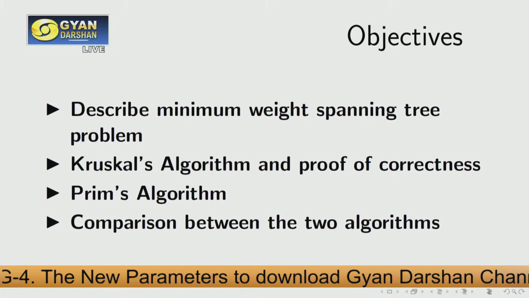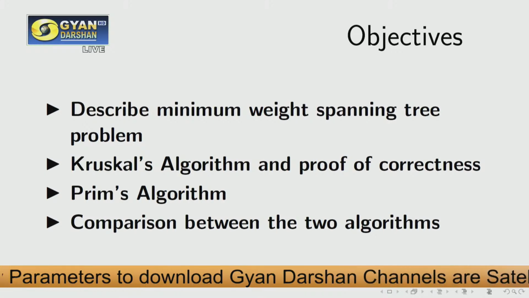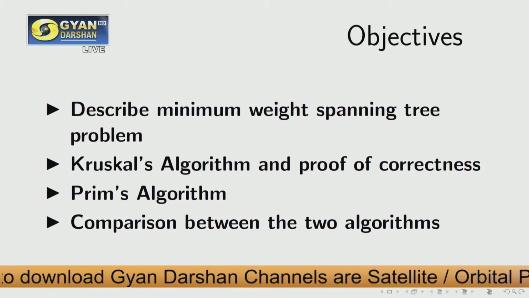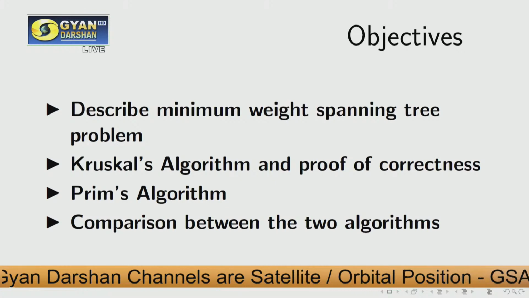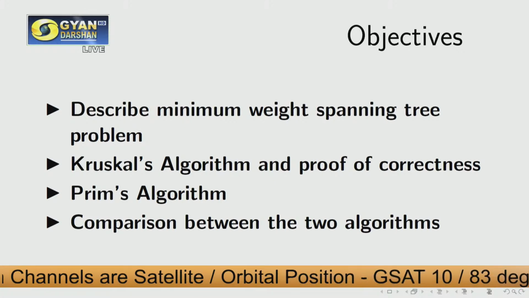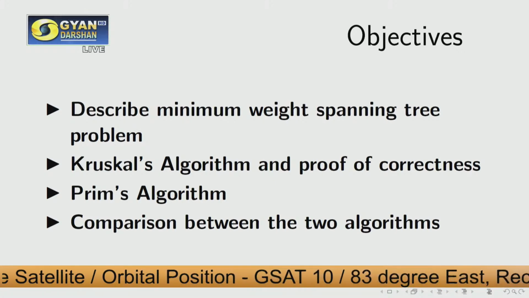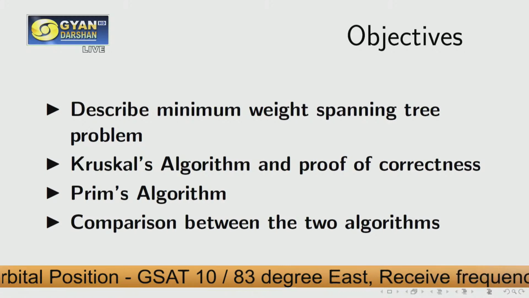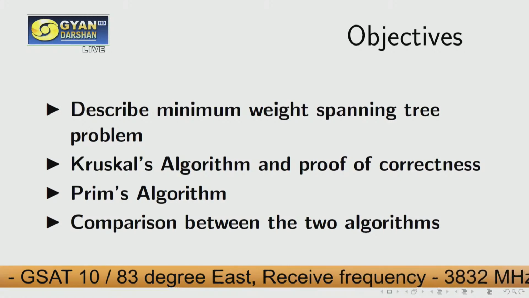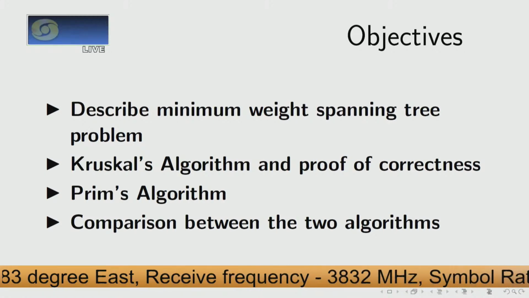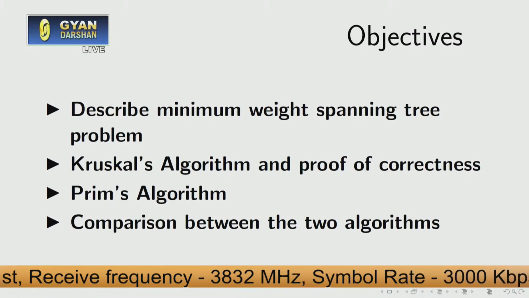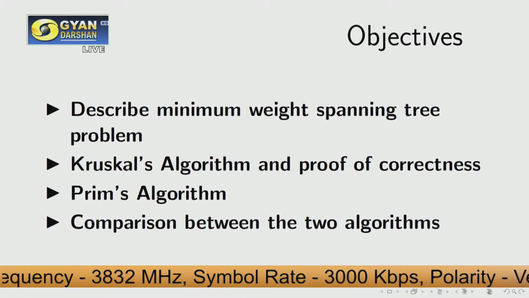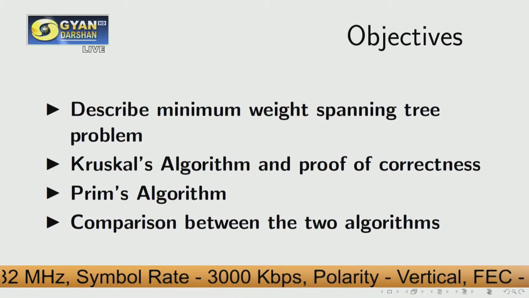And then we shall also see why this algorithm works correctly, that is, we shall prove the correctness of this algorithm. Next, we shall look at Prim's algorithm, which is also a minimum weight spanning tree finding algorithm. And then we also compare the performance of these two algorithms, how they differ in technique and otherwise.